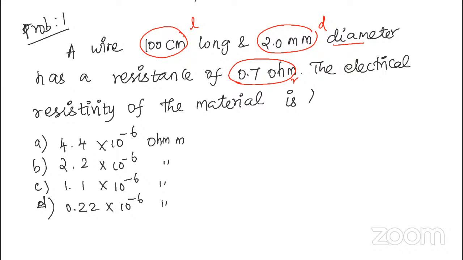Okay. So first we are writing the given values. What are the given values? R is equal to 0.7 ohms they have given, and what is the value of L? It is 100 centimeter.